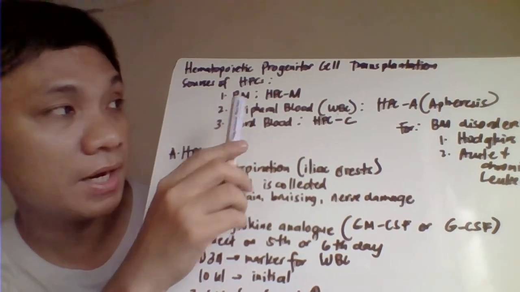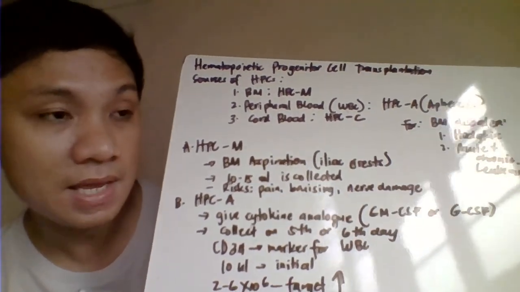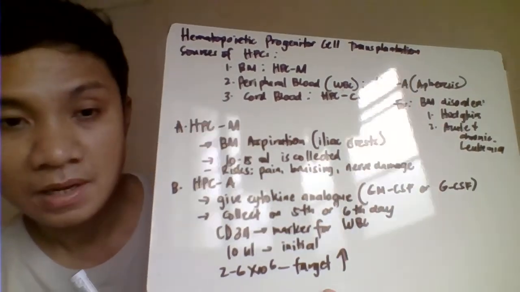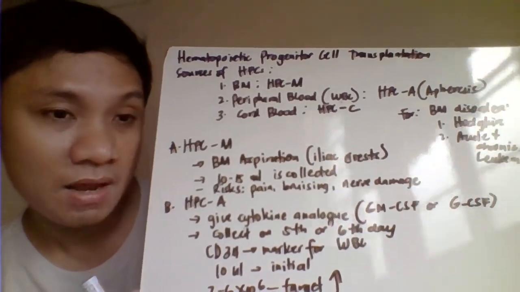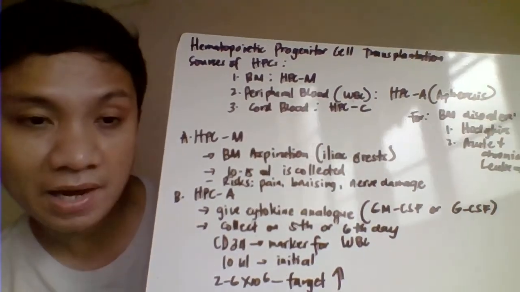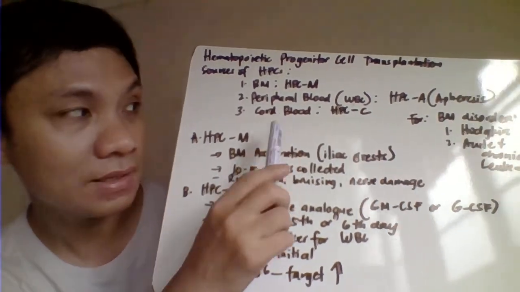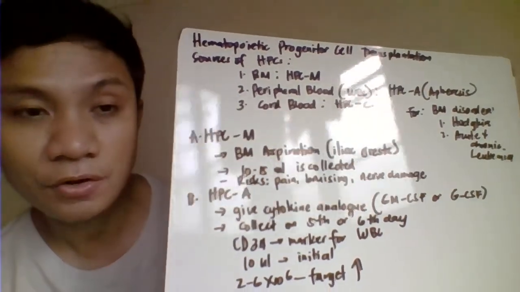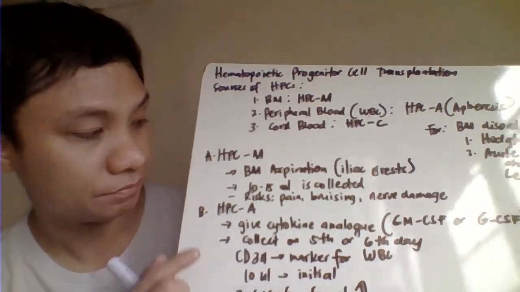Number one, the bone marrow, which you call HPC-M or marrow. Another one, peripheral blood, which is called HPC-A for apheresis, that's a method of collection. Another one, HPC-C, so cord blood could also be a source of hematopoietic progenitor cells.